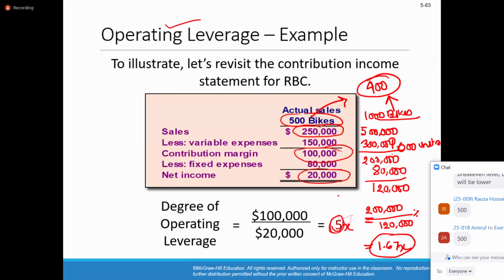So a DOL is greater in which case, 500 case or 1,000 case? 500 case. So what will be our understanding? Our understanding will be when sales is closer to break-even sales, the DOL or the operating leverage or the risk is higher.